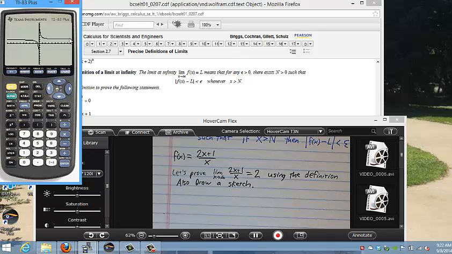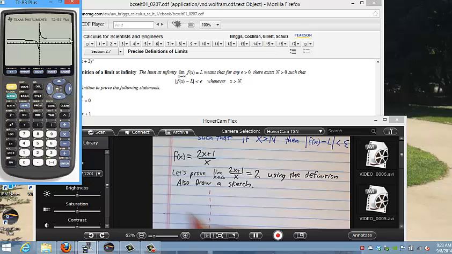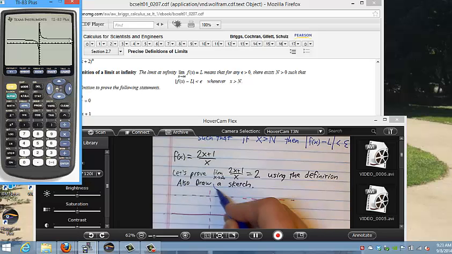So let's draw a sketch. Well, how about I do this? I know that there's an asymptote at 0, and I think there's going to be an asymptote at 2. And some of the values that I just observed: there's an asymptote at 0, it comes down.